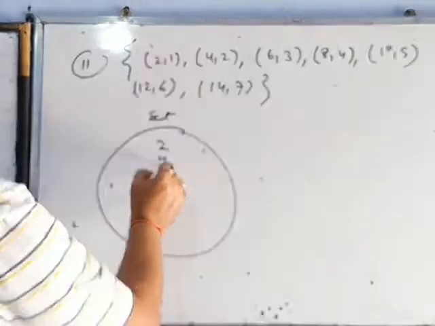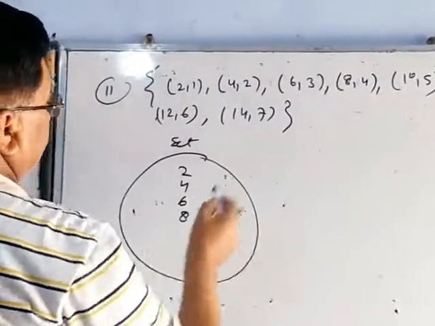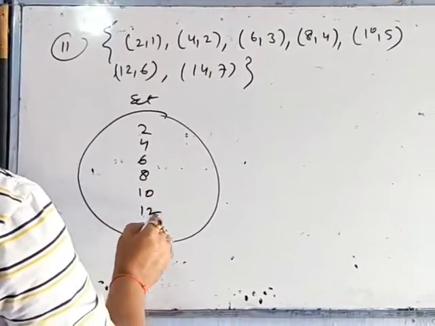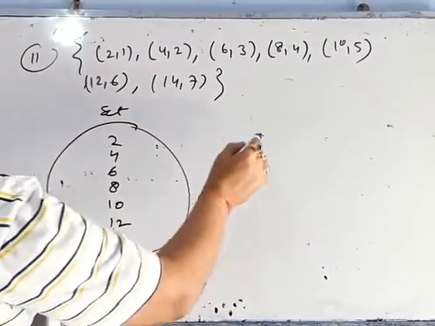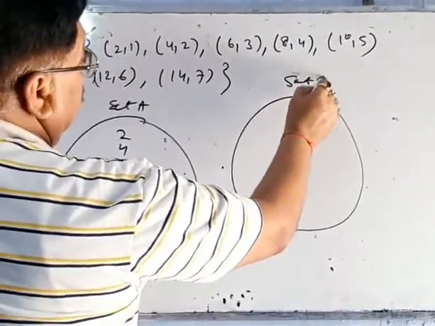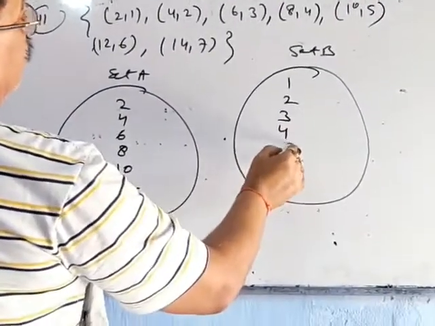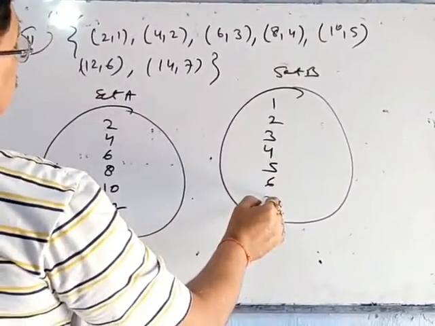Take 2, 4, 6, 8, 10, 12, 14 in set A. In set B you take the next elements 1, 2, 3, 4, 5, 6, 7.